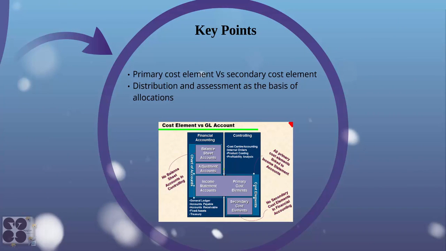This is primary cost element versus secondary cost element. You should know which are the primary cost elements and which are the secondary cost elements. Distribution and assessment as the basis of allocation. Remember we talked about it in our demo in a previous lecture. In that demo we saw how distribution and assessment works.